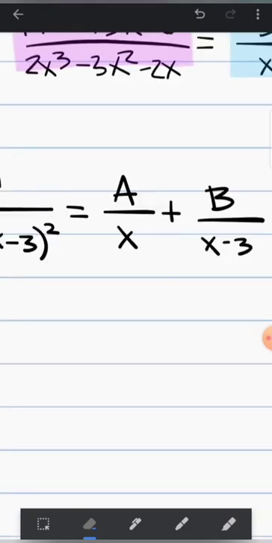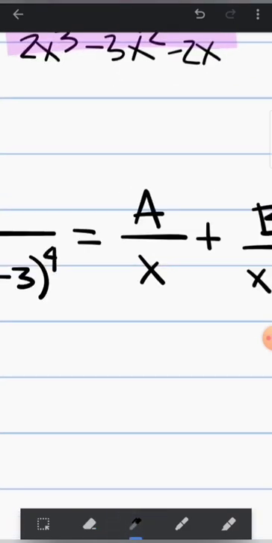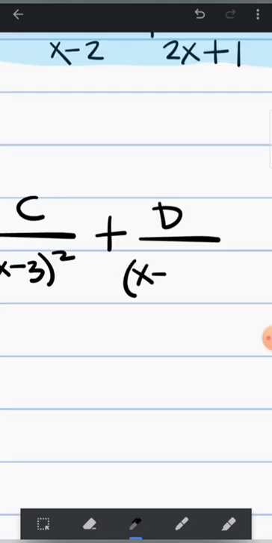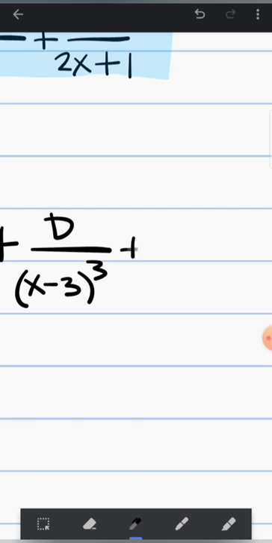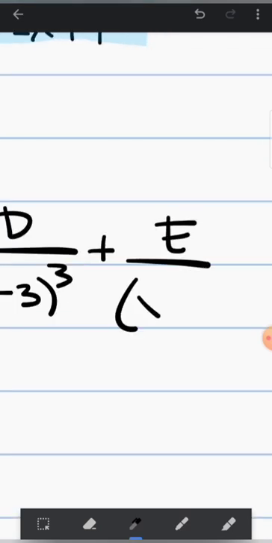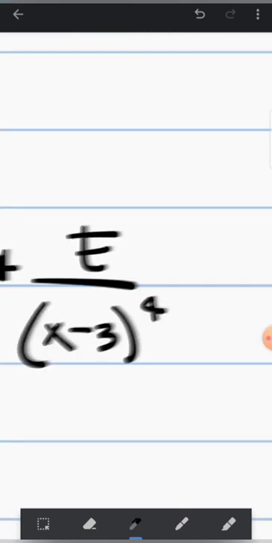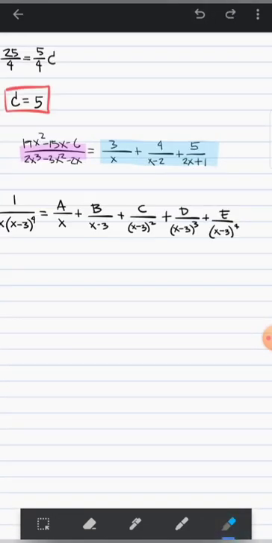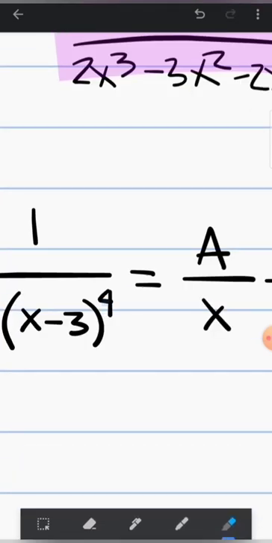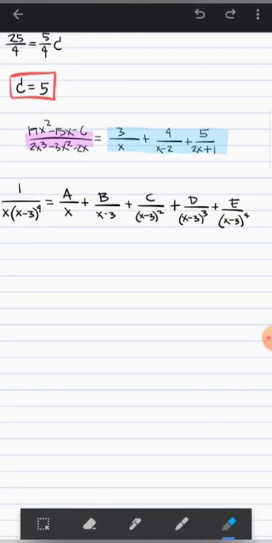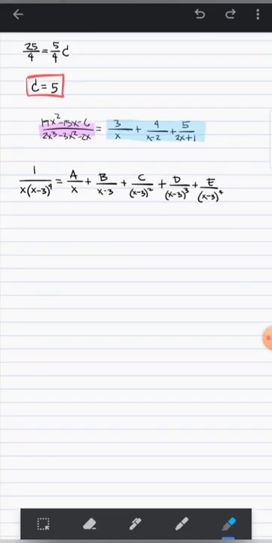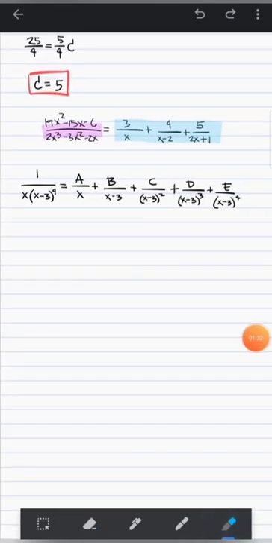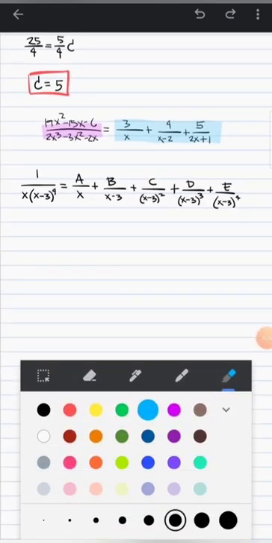And also, if you have this as 4, you need to have another constant, so it will become x minus 3 cubed here, then plus x minus 3 to the fourth, until you reach the exponent, just like here. Then solve for a, b, c, d, and e the way we solved it a while ago. So that's it. I will leave this example to you to try and solve.